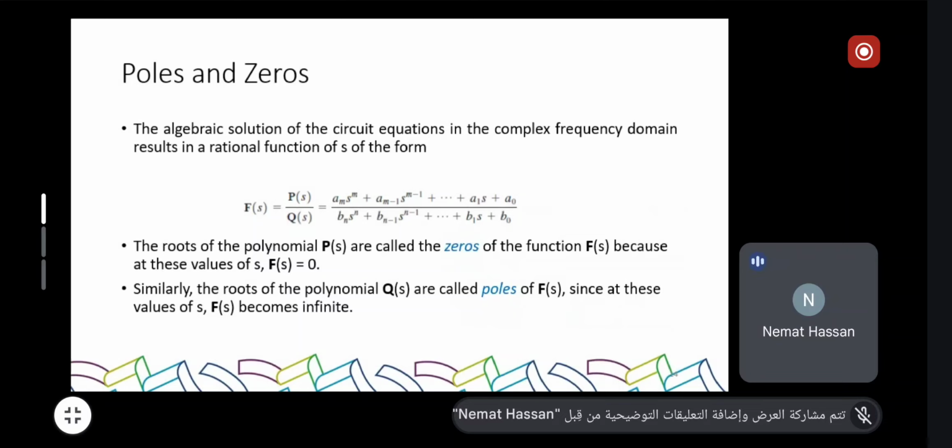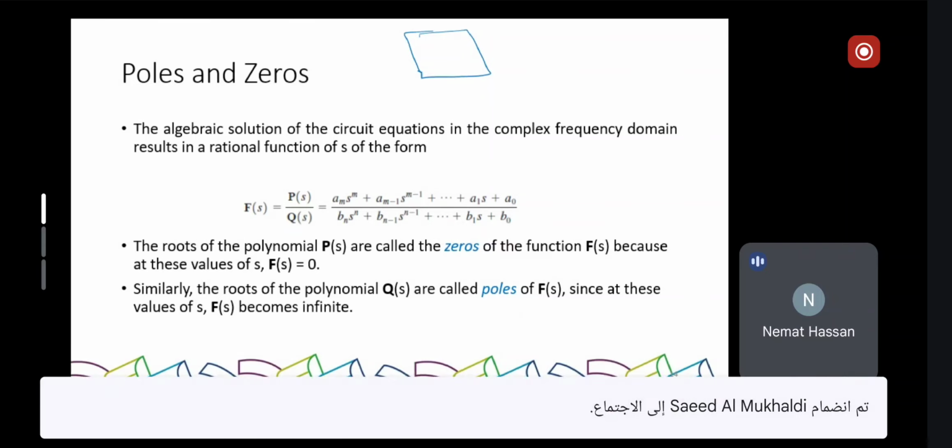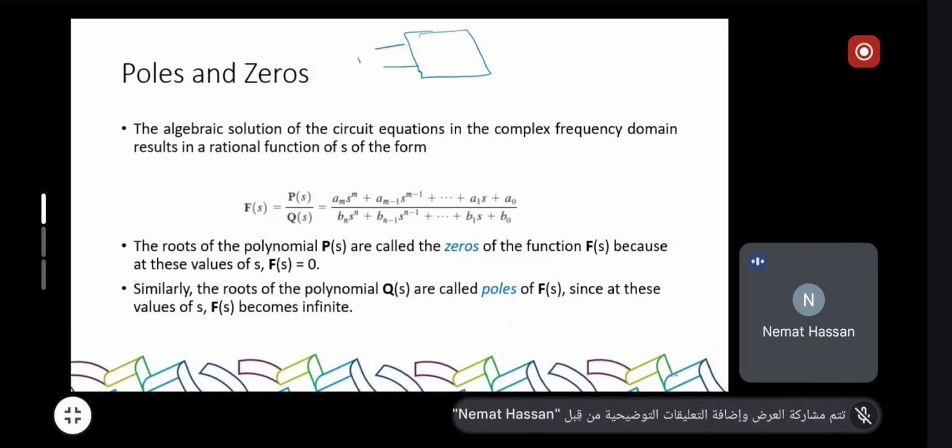Then we have the concept of poles and zeros. So last week we discussed that every circuit or system that we design is basically a box, and inside this box we have series or parallel combinations of resistors, capacitors, or inductors, and then we have an input that we feed to this circuit and an output that we take out of the circuit.